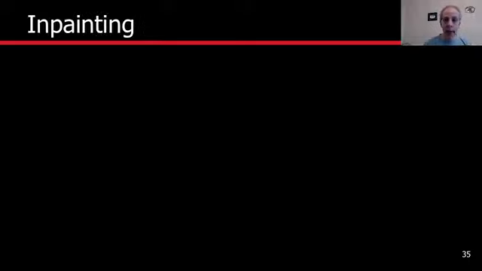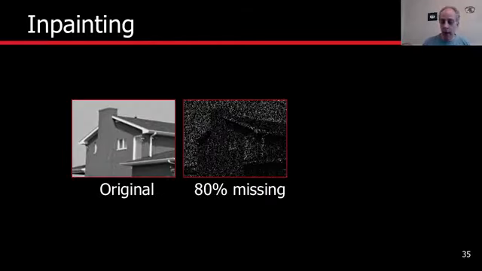Now, we can also do inpainting with this. Inpainting is a particular example of noise where the noise is so strong that it makes some pixels disappear. And there are many ways of defining the types of challenges of inpainting. One of them is to take the image and to just drop 80% of the pixels.